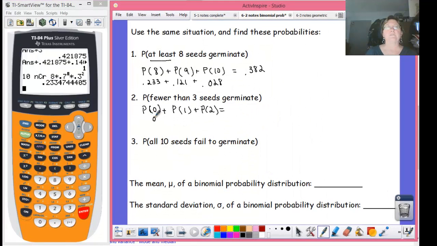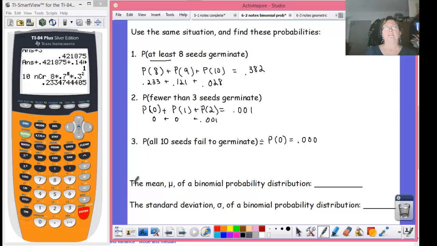So this was 0 plus 0 plus 0.001 for a total of 0.001 that fewer than 3 seeds will germinate. You know, that makes sense. There was a pretty good chance that any 1 will germinate. So getting 10 to not germinate, highly unlikely. In fact, that's what this says. The probability that all 10 seeds fail to germinate, folks, that would mean no successes. And the probability there is as close to 0 as we can get.